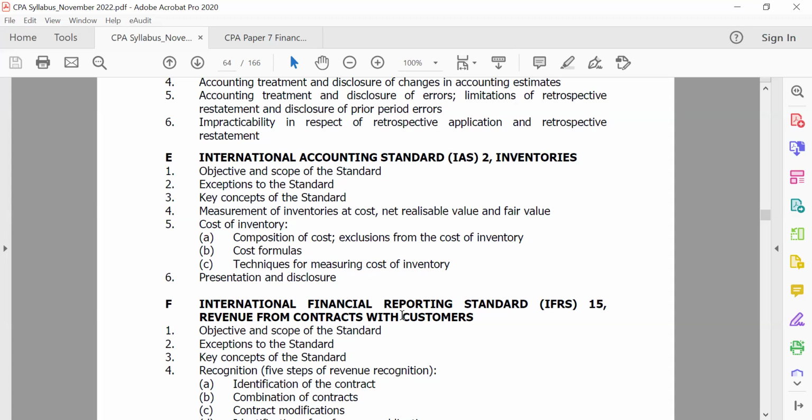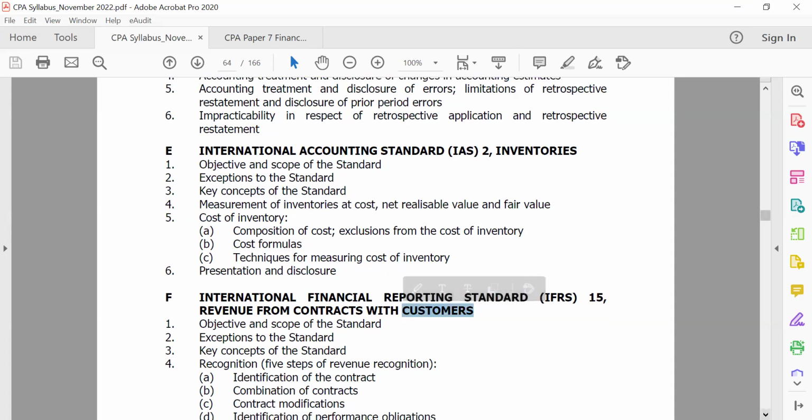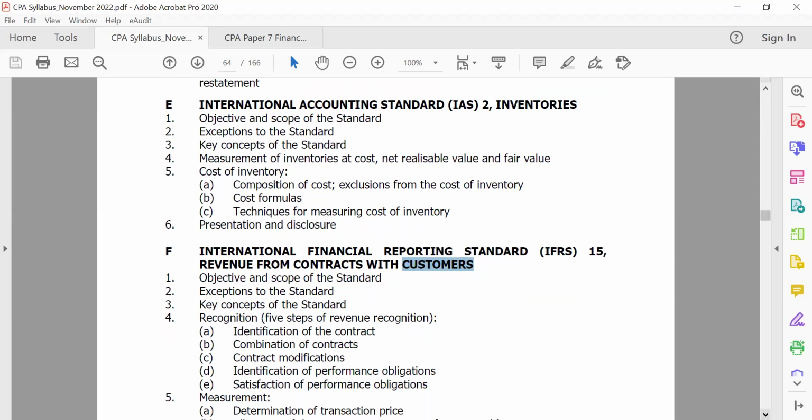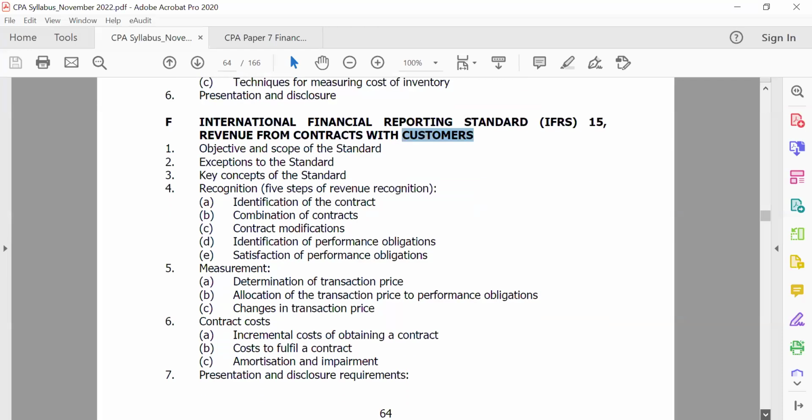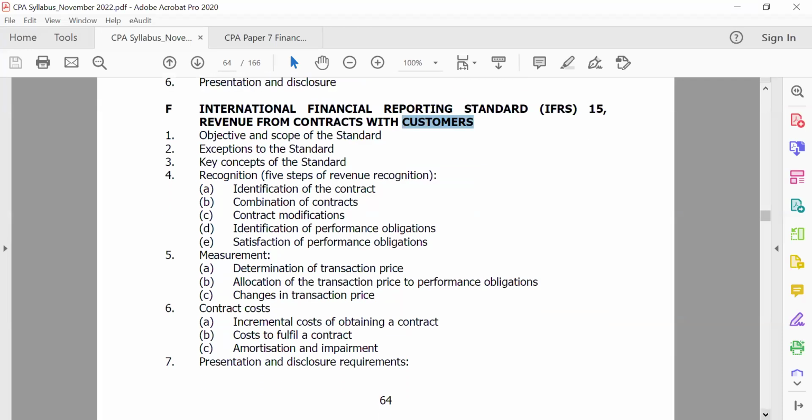We'll be able to understand the recognition steps of revenue recognition, which include the identification of the contracts, combination of contracts, contract modification, aspects of identification of performance obligations, and then satisfaction of obligations, and then measurement of this revenue from contracts.